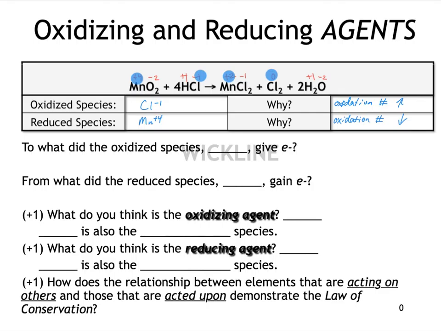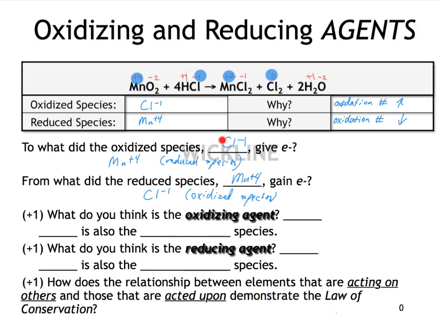All right, so to what did the oxidized species, Cl-1, give electrons? So it obviously gave those electrons to manganese +4 because that was the reduced species. And from what did the reduced species, Mn+4, get its electrons? So it got that from Cl-1, the oxidized species. This is a very circular argument, I know, but basically, if the Cl-1 is oxidized because it gave electrons to Mn+4, then that means that the Mn+4 is involved in Cl-1's oxidation.